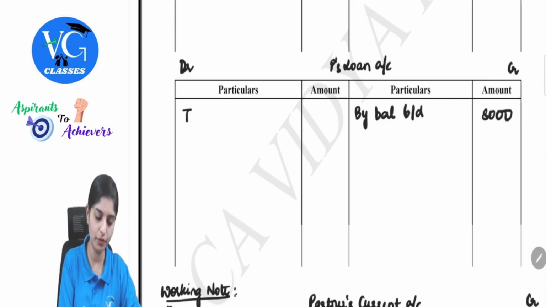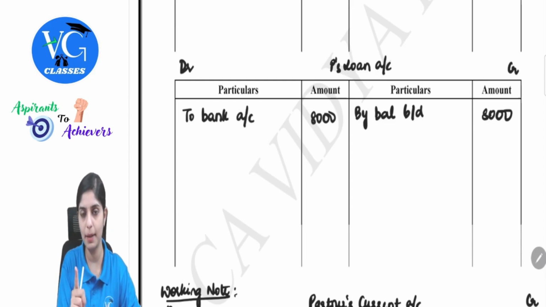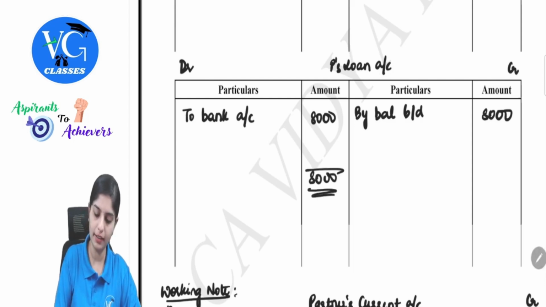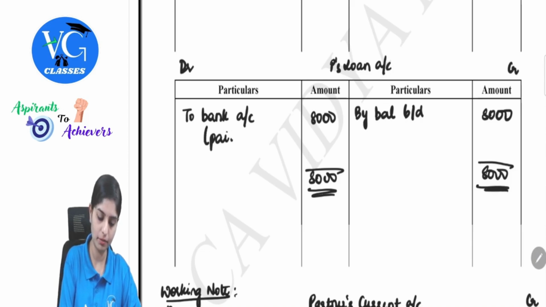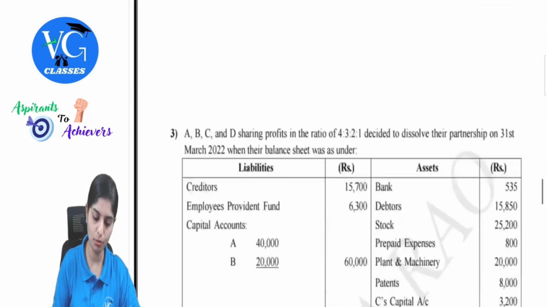So we can finish off this treatment to the bank account, 8,000, since both have a credit balance. If it has a debit balance, remember the treatment we saw in the last question. So that will be dealt with accordingly. 8,000 and 8,000 paid. Since we have reflected this, we can enter this in the bank account, by P's loan to bank.